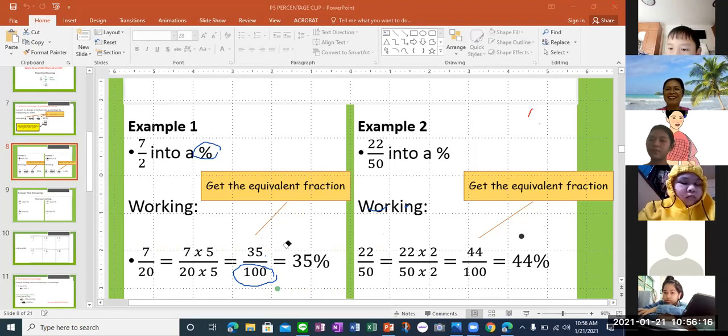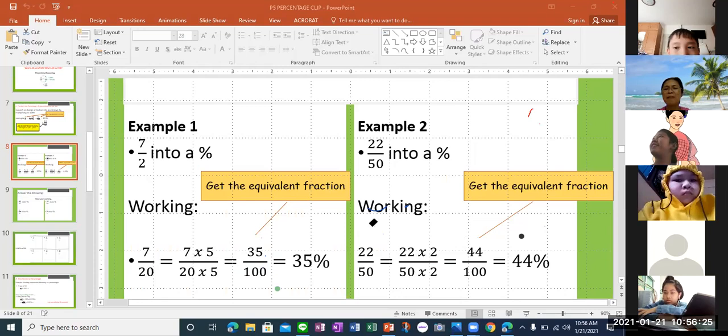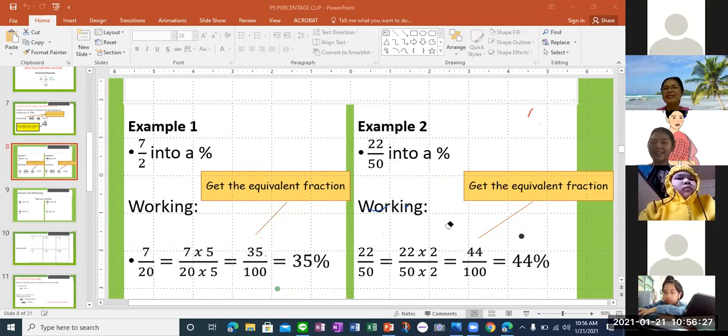Here, example 2. What is 22% of 50? So how do we do that?